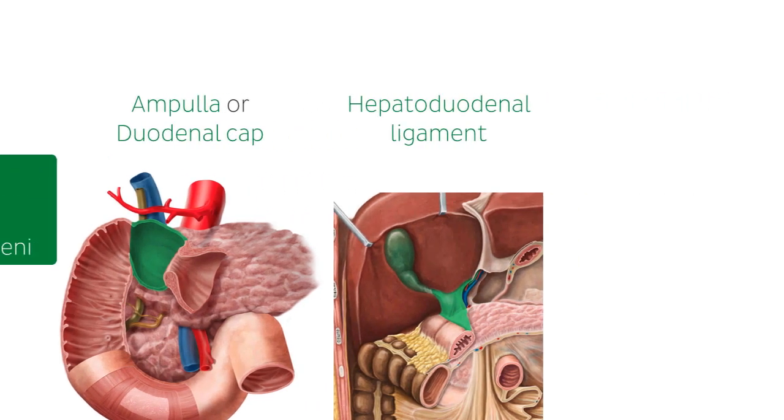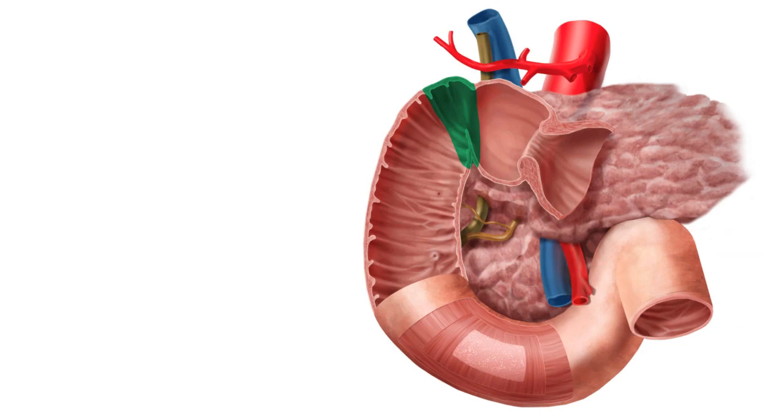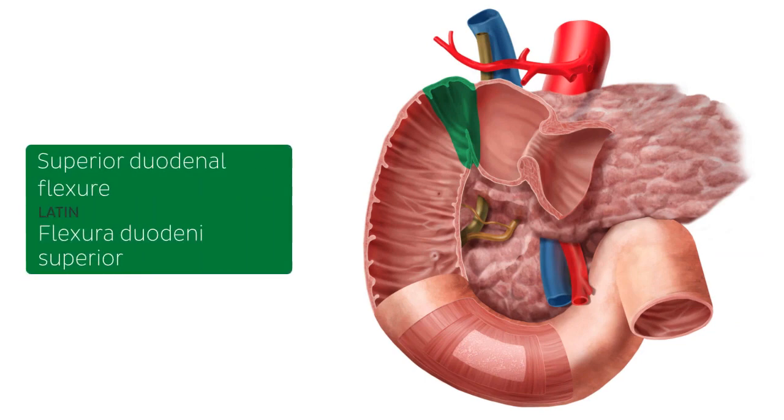The next structure we're going to be talking about is known as the superior duodenal flexure. This one marks the end of the superior part of the duodenum, and this flexure is located between the superior part of the duodenum and the descending part, which you see here on the image as well. This is the descending part.